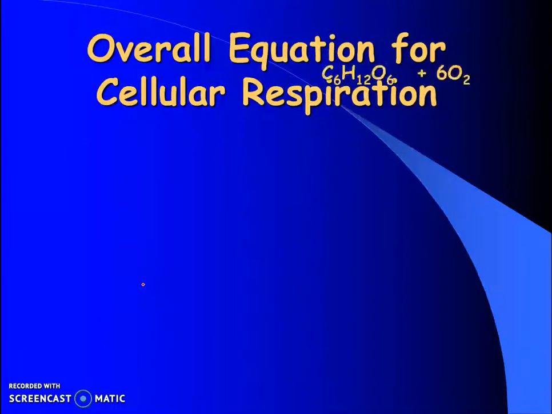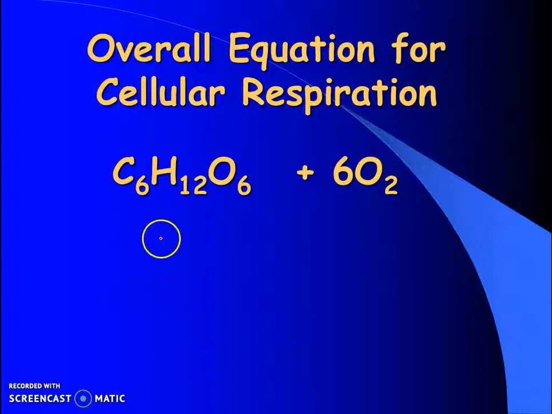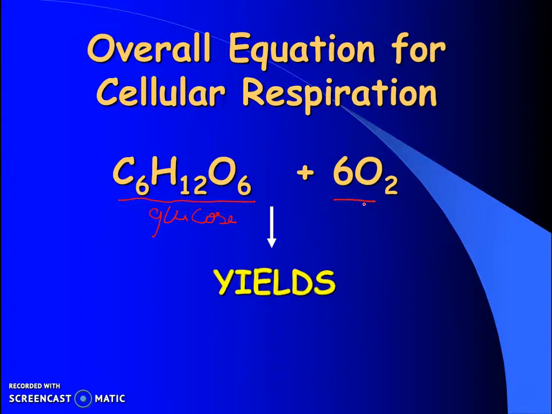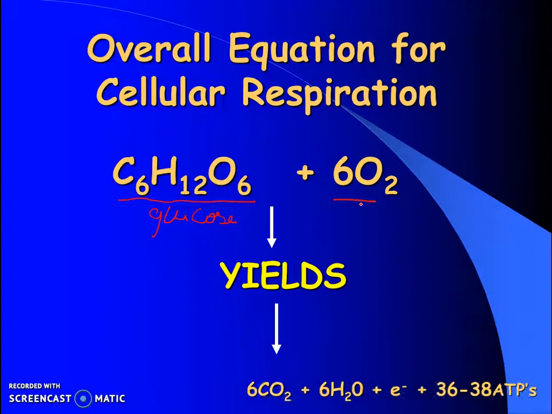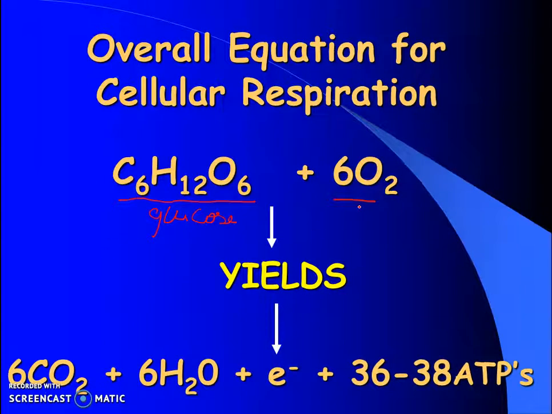So let's look at the overall equation for cellular respiration. So this is C6H12O6, which is glucose. So when glucose combines with oxygen, it gives carbon dioxide, water, electrons, and it gives 38 ATP.